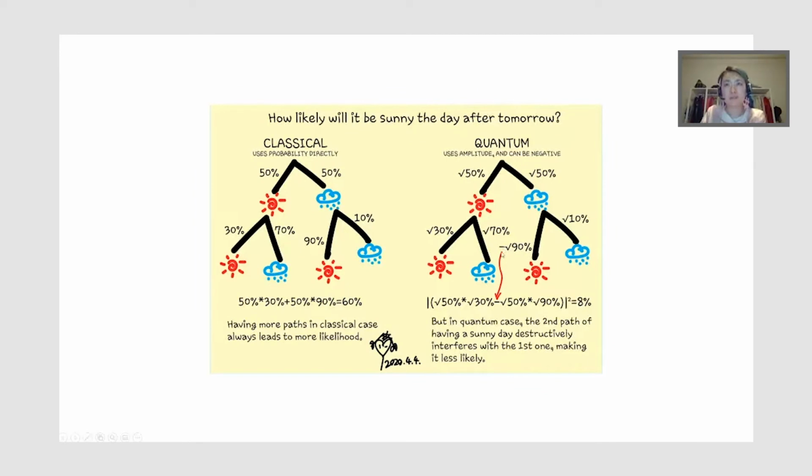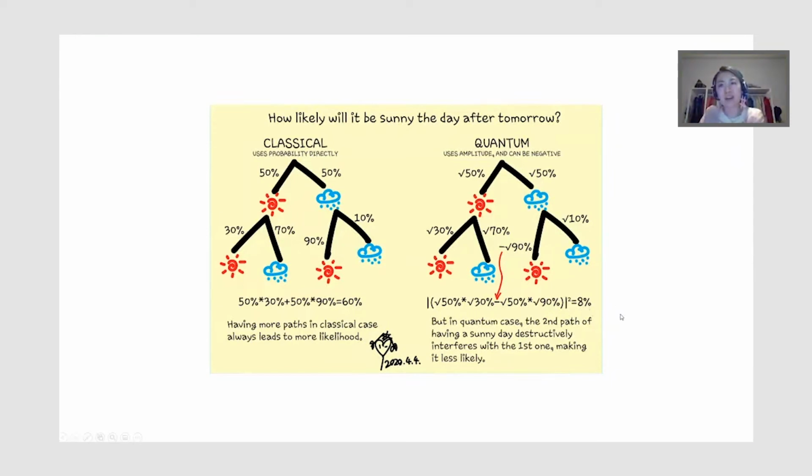What that does is, even though you have an extra path to get a sunny day, that negative sign can subtract and reduce your probability of having a sunny day. This is what's really weird about quantum systems: even if you have more ways to get to where you are, it could play a negative role. So this example turns out to give you 8% of getting a sunny day.